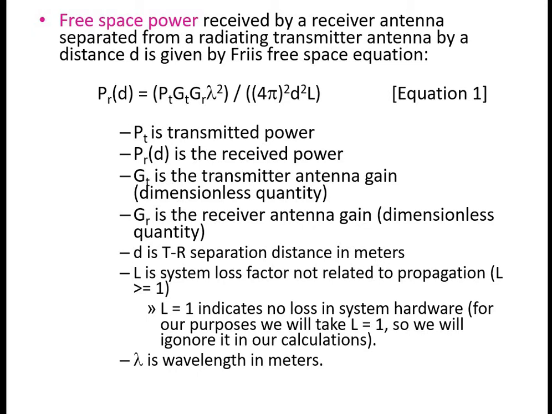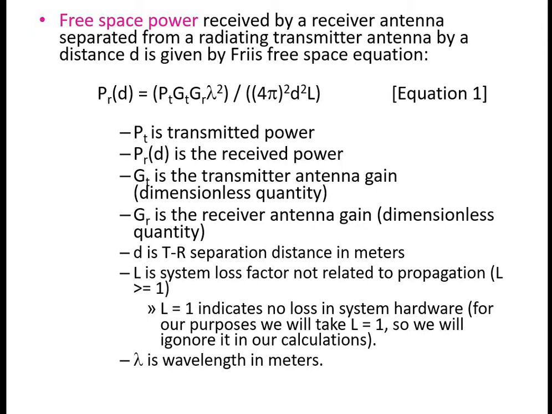From Friis equation we can check the transmitter power and the received power. It states that Pr(d) equals Pt Gt Gr lambda squared divided by (4 pi) the whole squared, d squared L.